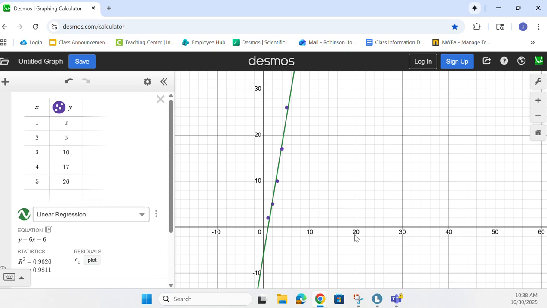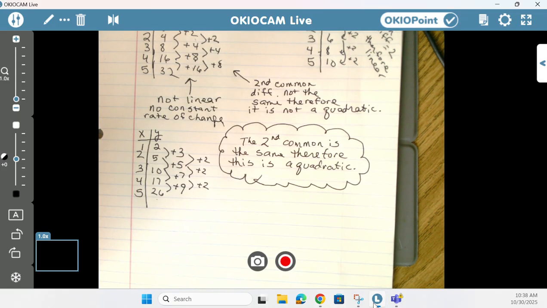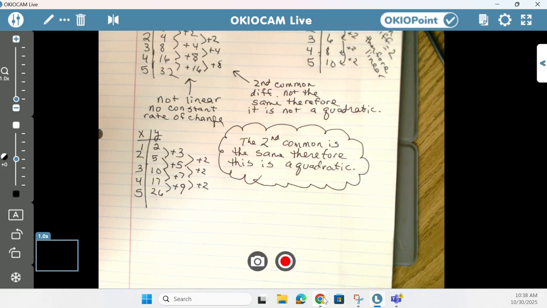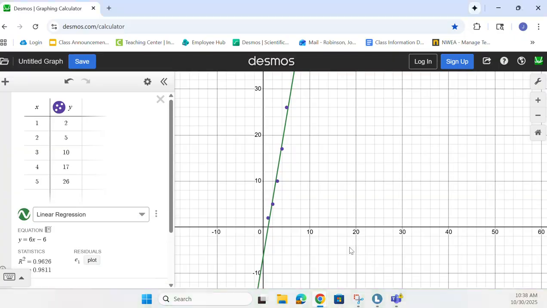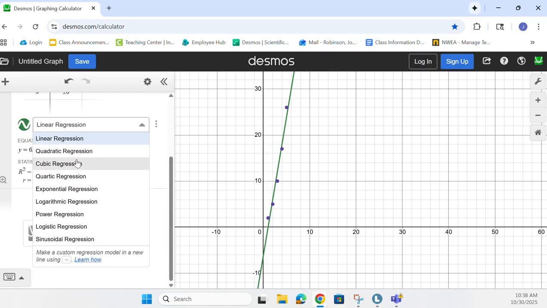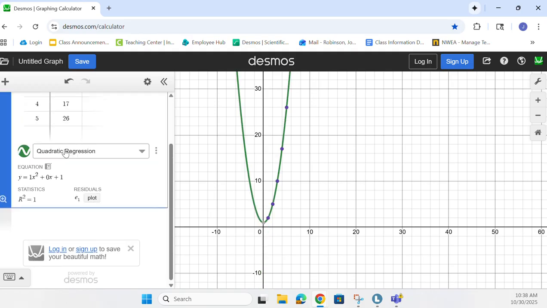That's because we had already said that it's not linear. So we need to change the type of line. Instead of linear regression, we know that it's a quadratic, because the second common difference is 2. Now, once you click the quadratic regression, you have the equation for the quadratic.